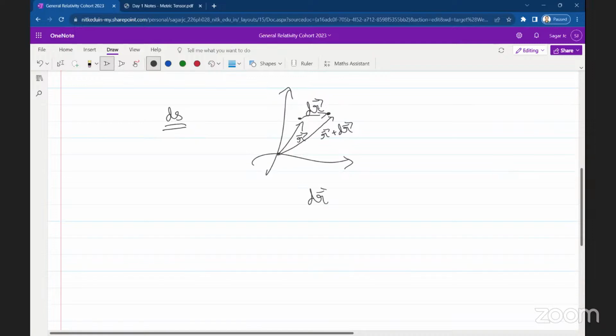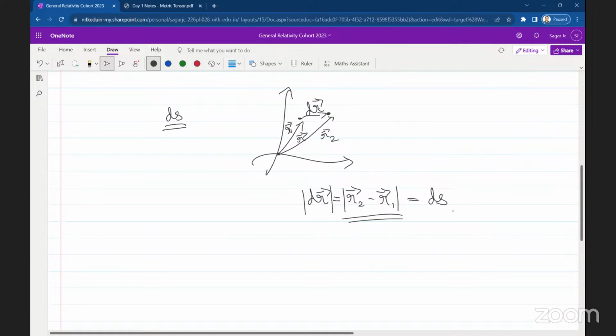If I write r1 vector for the initial point and r2 vector for the second, then dr vector is r2 vector minus r1 vector, right? The magnitude of this dr vector is called ds, the displacement between two points.